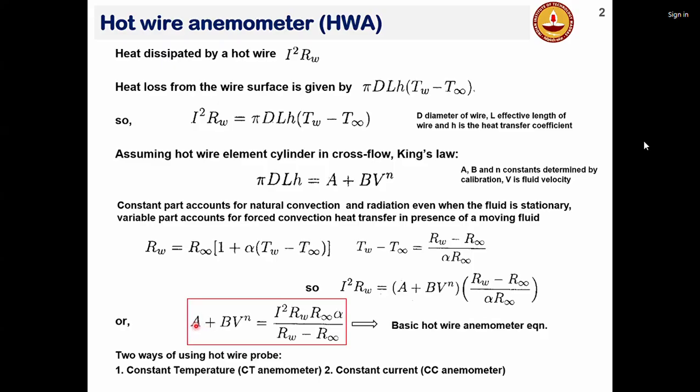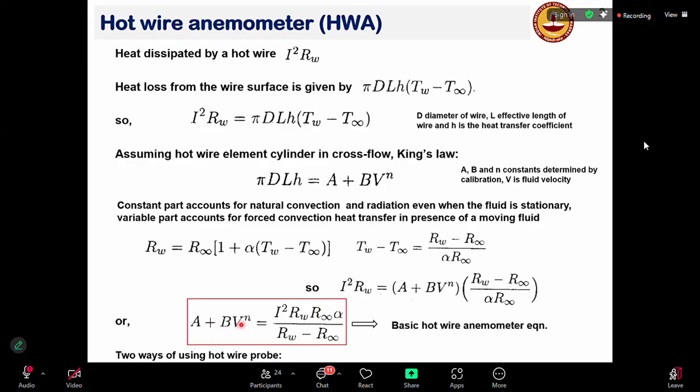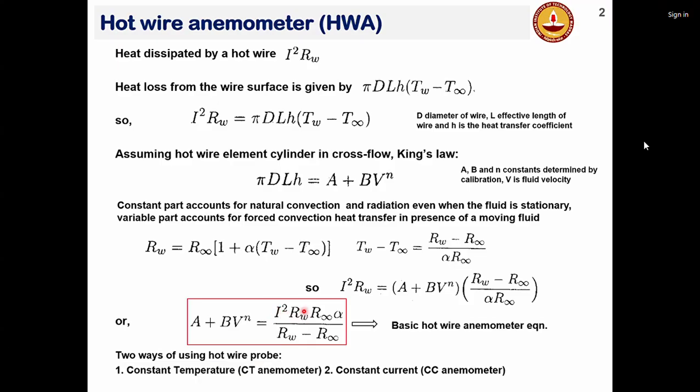So here, A and B are constants. V is the velocity. N is again a constant, which is the exponent of V. And on the right-hand side, you have I, which is the current flowing through the wire, and the resistance of the wire at a reference temperature, which could be the initial ambient temperature.